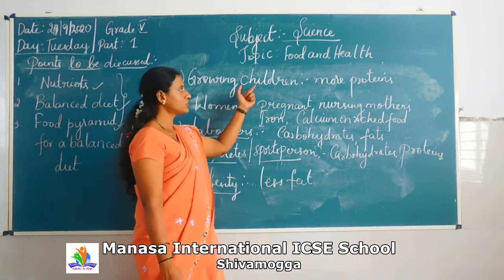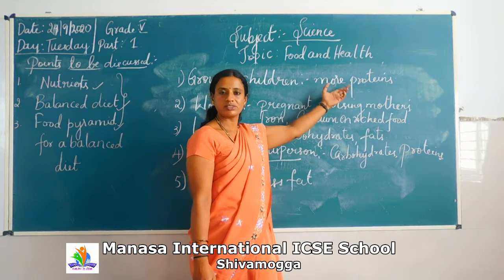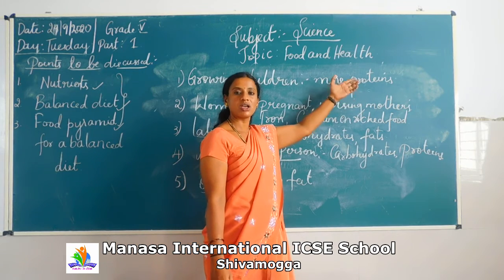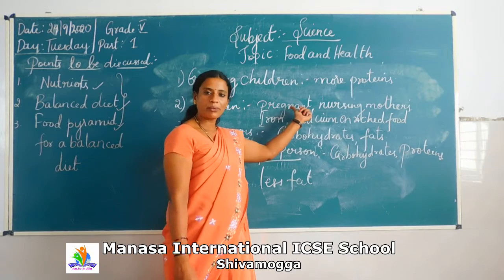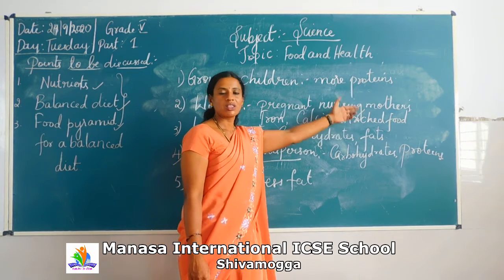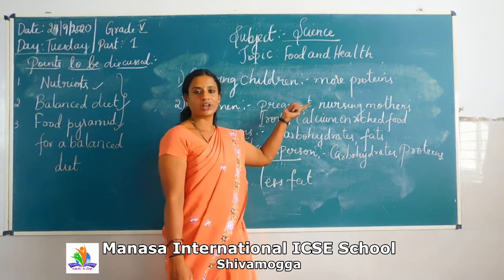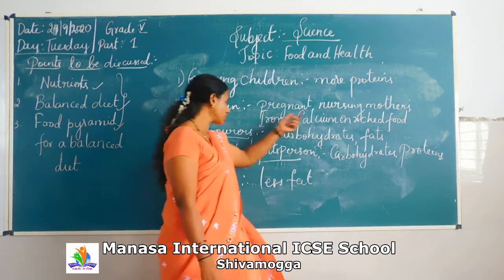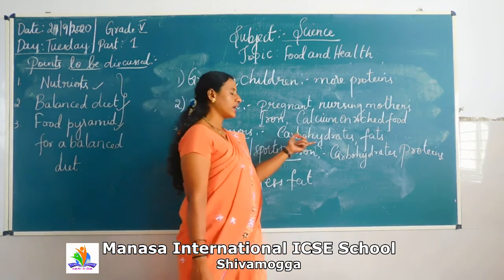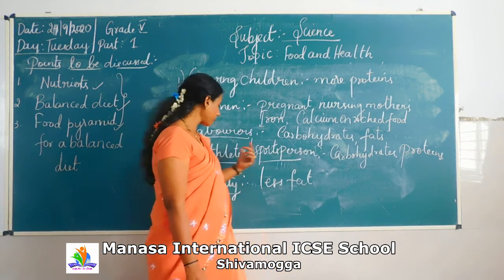Growing children should be provided with more proteins, that is milk, egg, cereal, pulses, grains, etc. Pregnant and nursing mothers have to be provided with iron-rich food and calcium-enriched food items. Laborers have to be provided with carbohydrates and fats in adequate amounts.